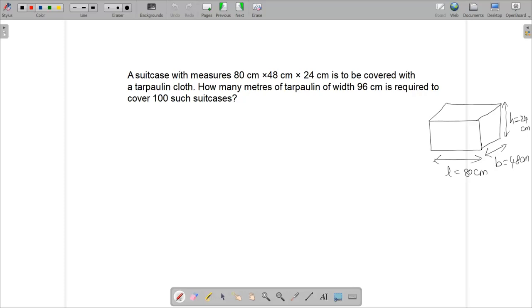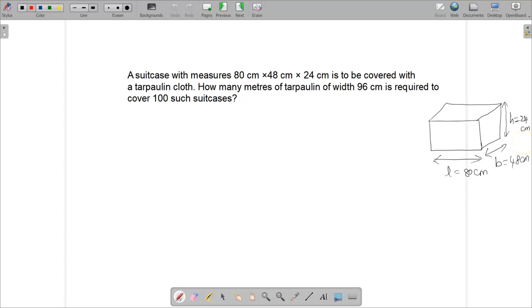So for all these 100 suitcases we have to first measure the area, and then determine how many meters of tarpaulin cloth of width 96 centimeter has to be covered over the suitcase.